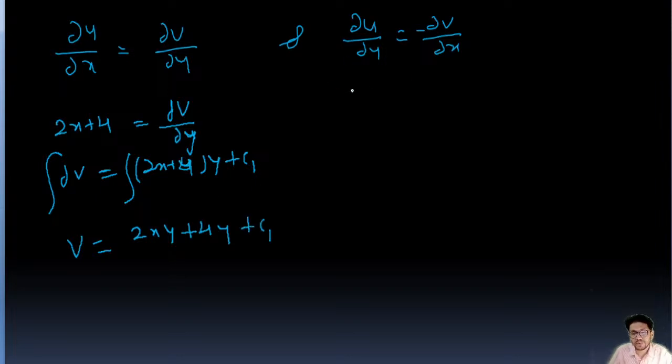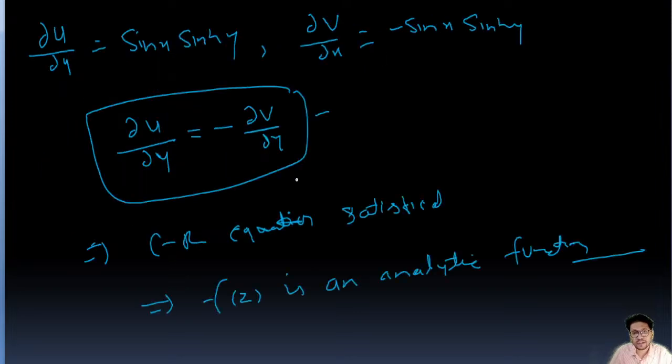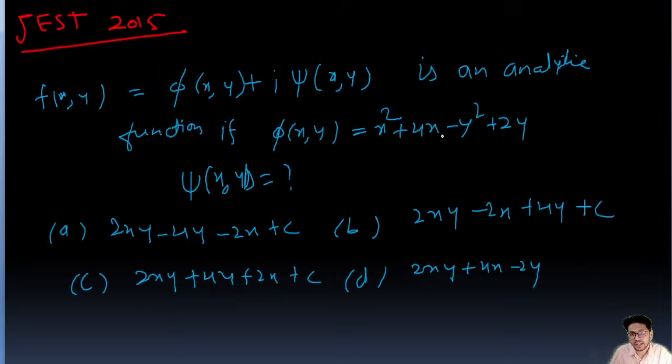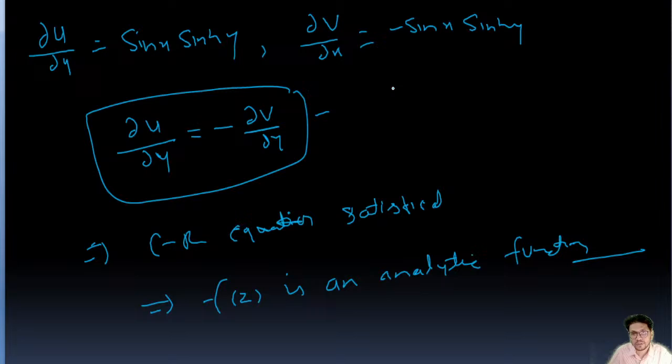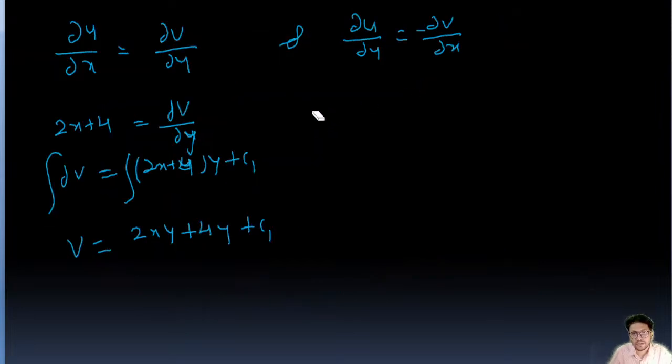Similarly, del u over del y, differentiating with respect to y, is minus 2y plus 2. Minus 2y plus 2 equals minus del v over del x.